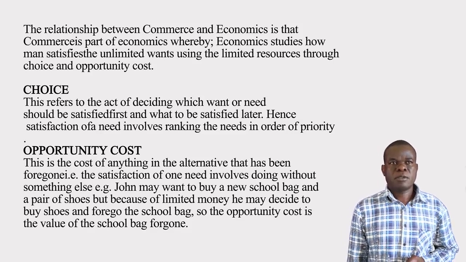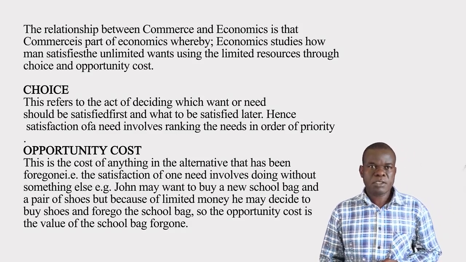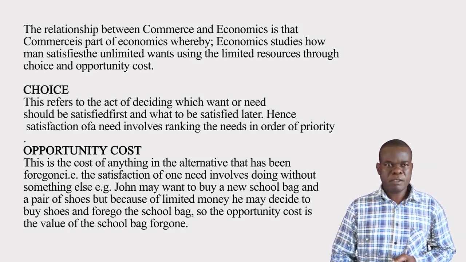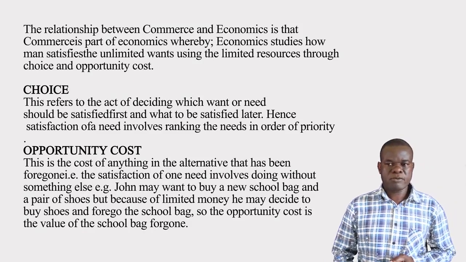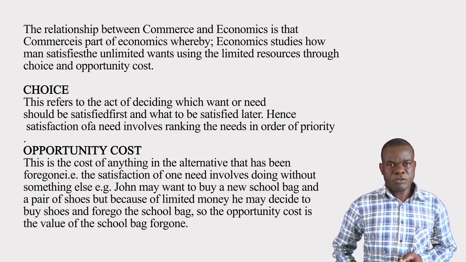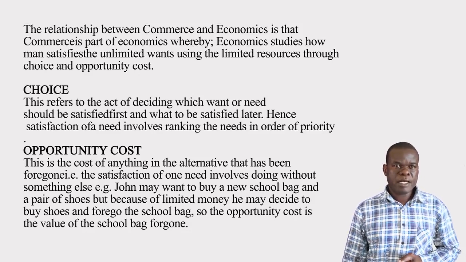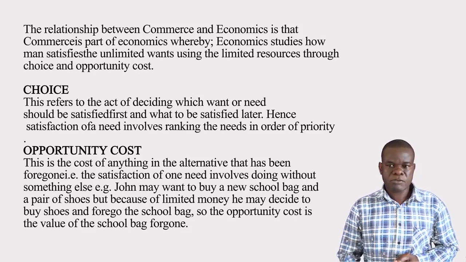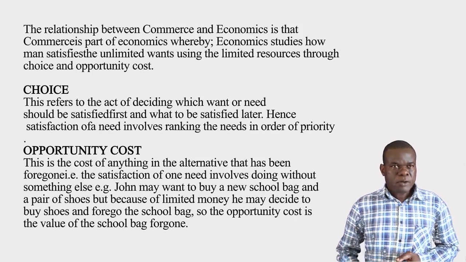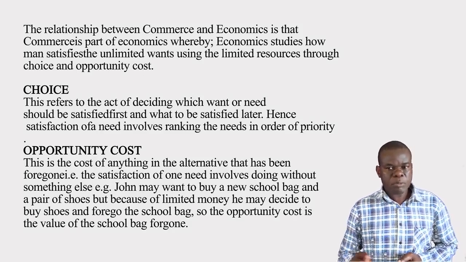For example, a student wanting to buy a pair of shoes and a school bag, but with a limited budget, has to forego one and attain another. If you decide to get a pair of shoes, you have to forego a school bag. So the cost of the bag that you have foregone so as to have a pair of shoes becomes an opportunity cost.